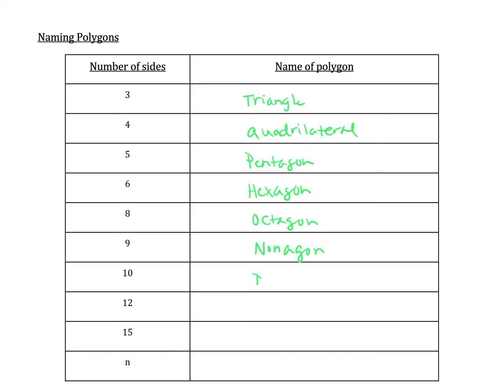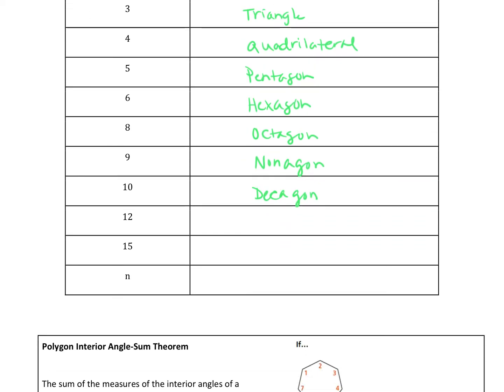10 sides, decagon. Some of these make sense, like decade, decagon. 12 sides, we had that one up above. That's a dodecagon.